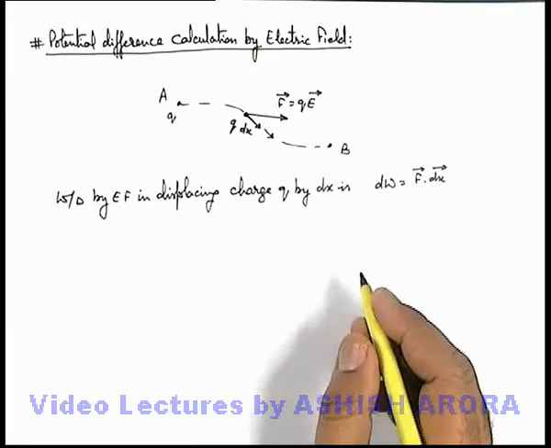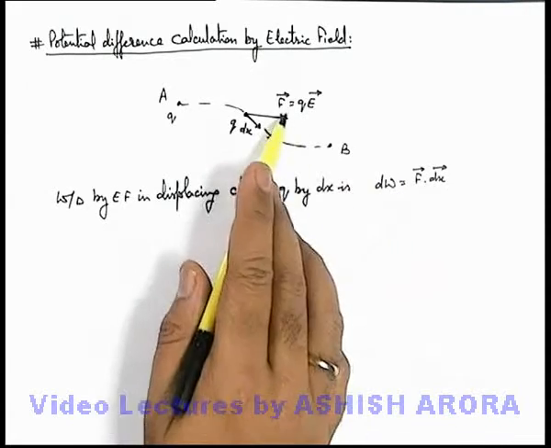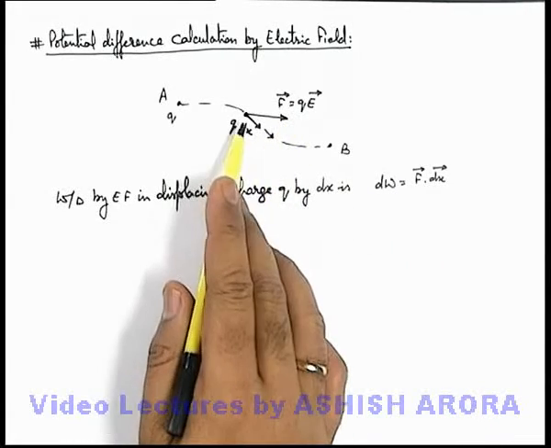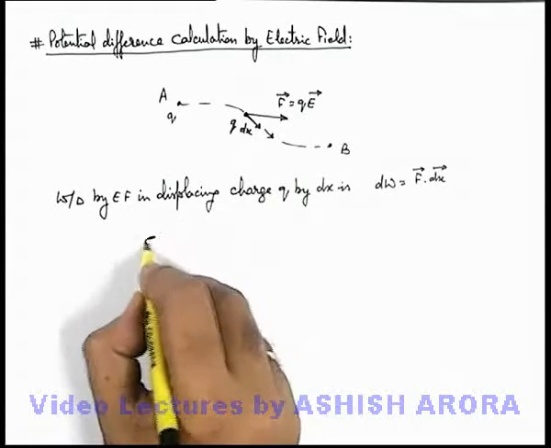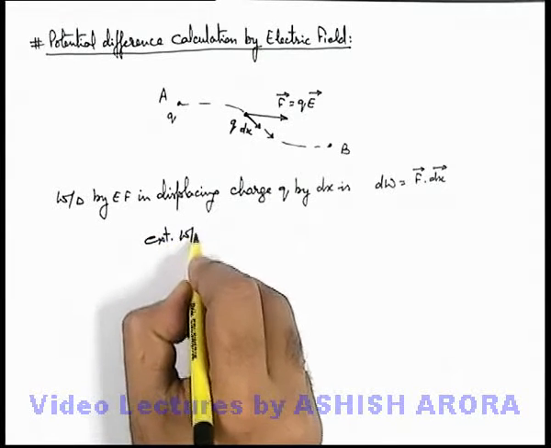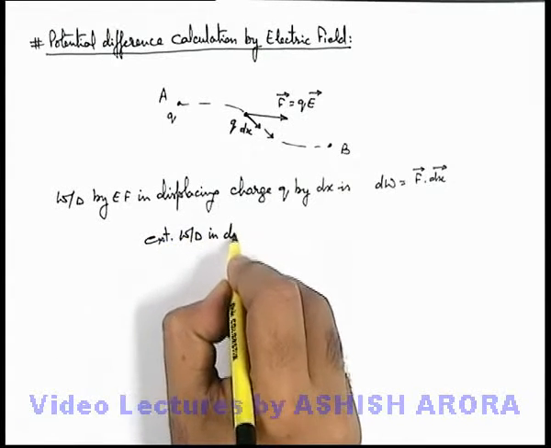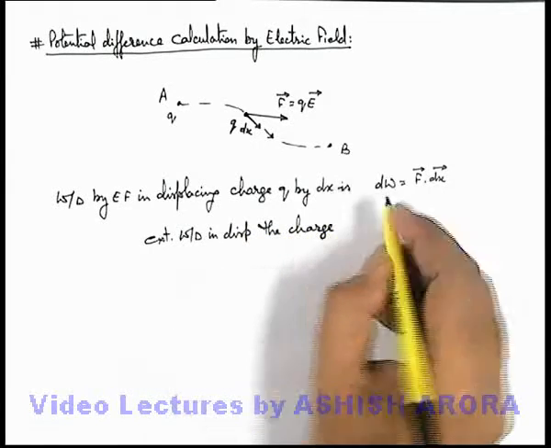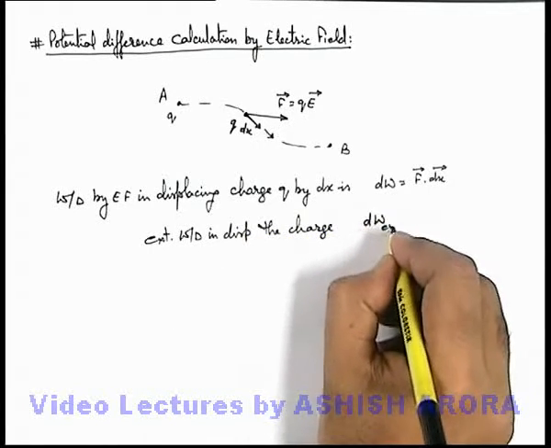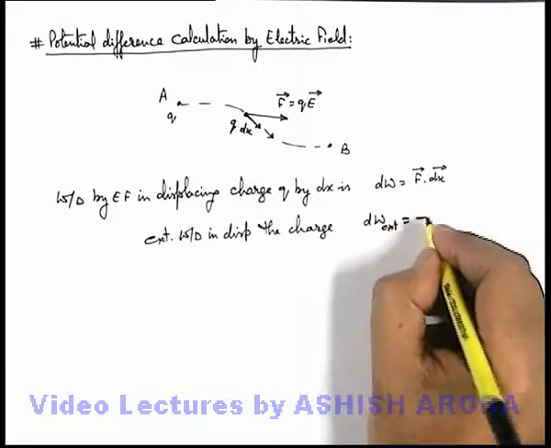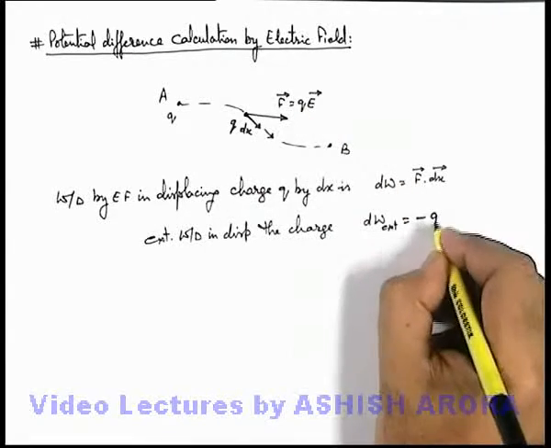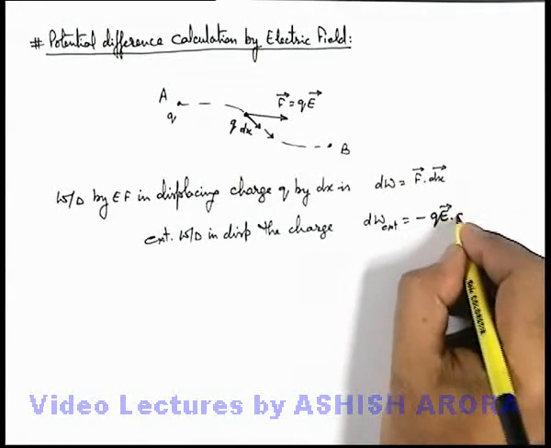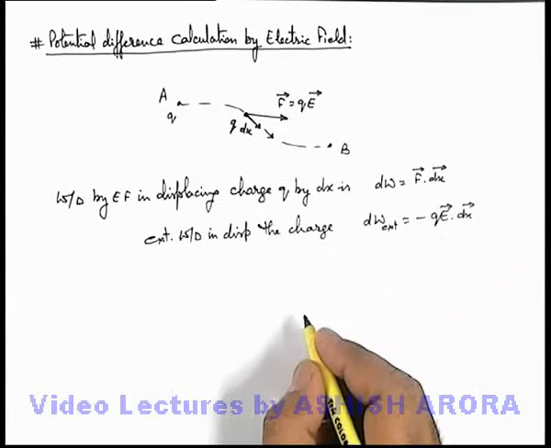And in this situation, it is the work done by the electric field because we have taken the force of the electric field. If we wish to calculate the external work done in displacing the charge, then dW external can be written as the negative of this, so this will be minus F, which can be written as QE dot dx. This is the way we calculate.